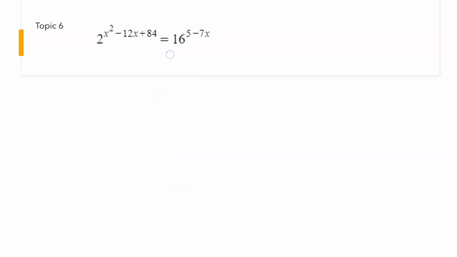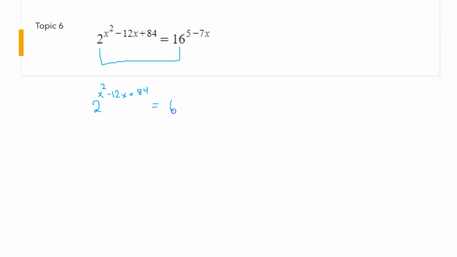Something similar happens with this one. The bases can be made equal because we can see 16 as a base too. So we have to equate the bases. This will be 2 to the x squared minus 12x plus 84.